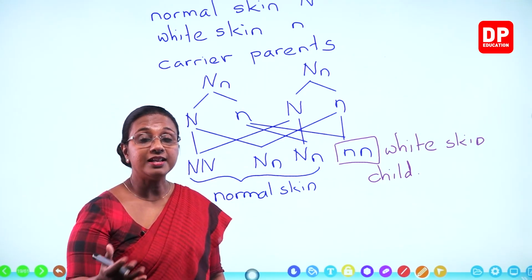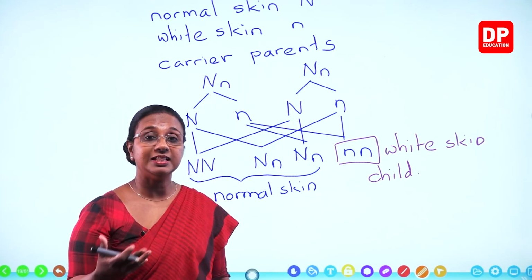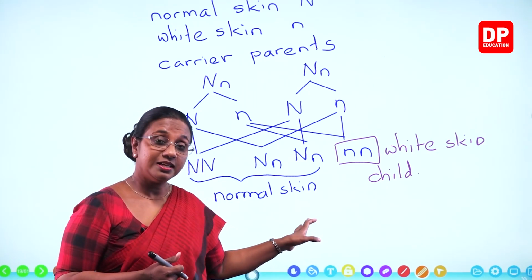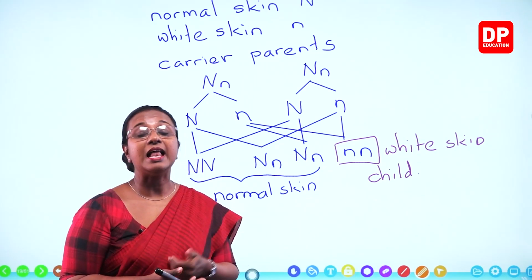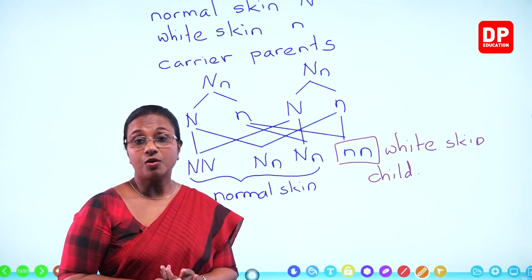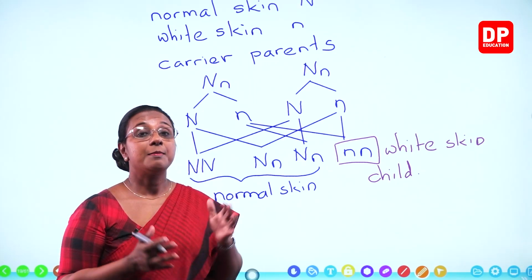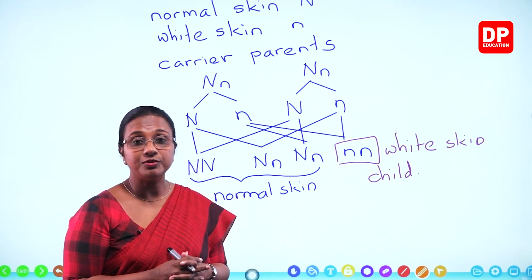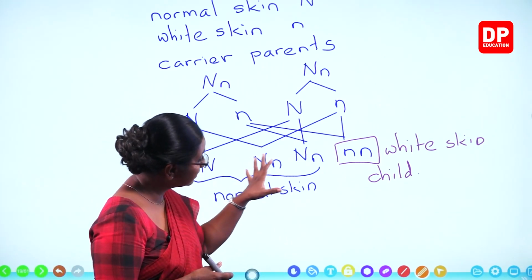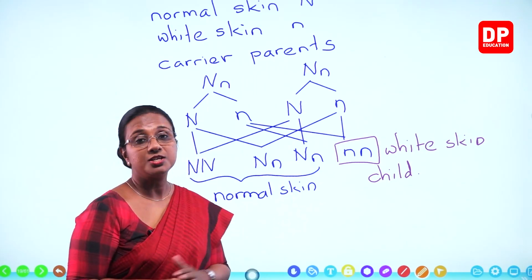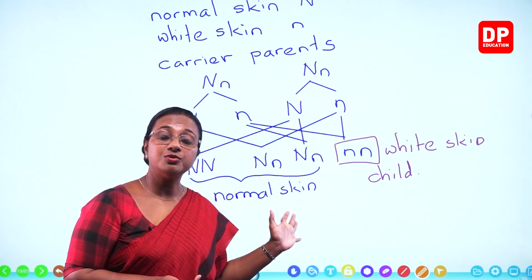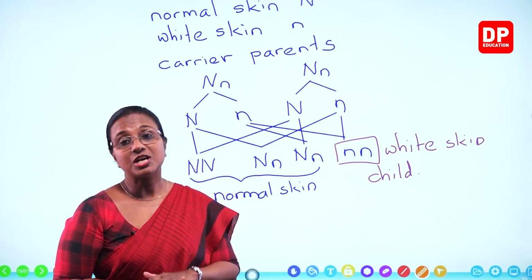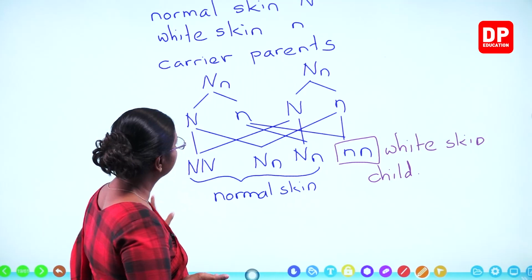So because of that, high chances of the child getting that disorder. Here it doesn't say it's a disorder, but this is something similar to albinism. Albinism is caused by mutated genes. But still, you have to remember that if it is a disease condition, more chances of getting that. So that is possible. The parents do not have white skin, but the child has white skin because of this.